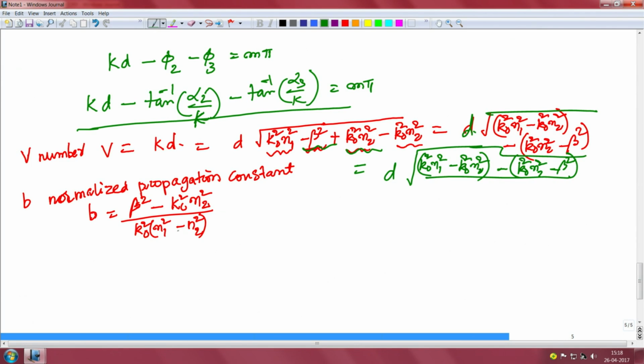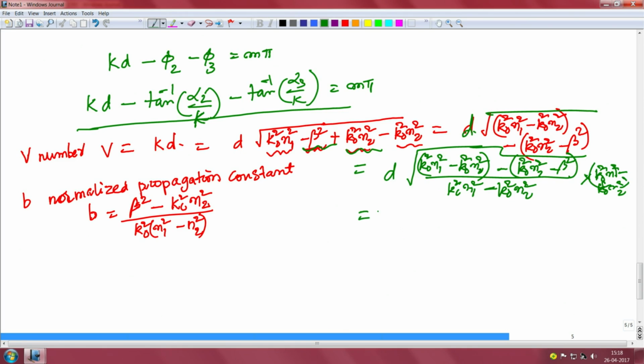I am trying to bring it in this form so that I can write it in terms of b. I will divide by k0 square n1 square minus k0 square n2 square and also multiply with k0 square n1 square minus k0 square n2 square.